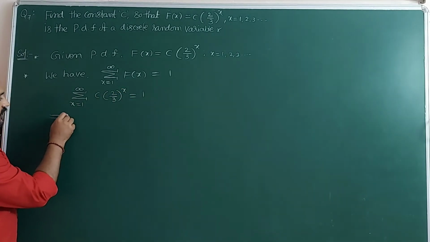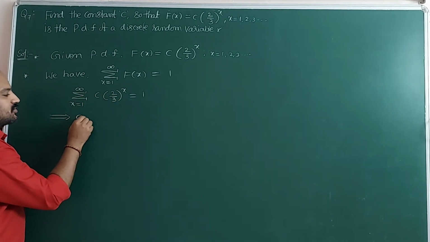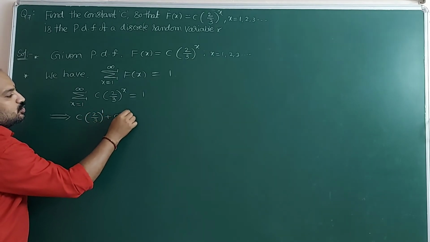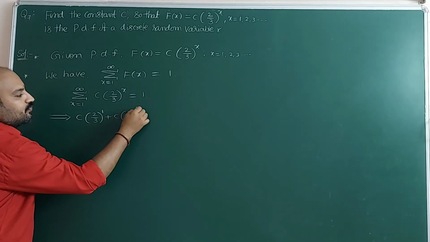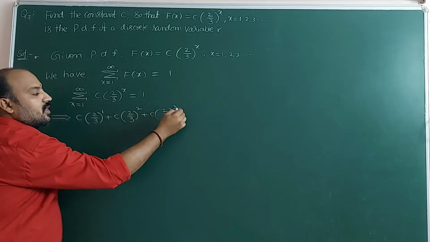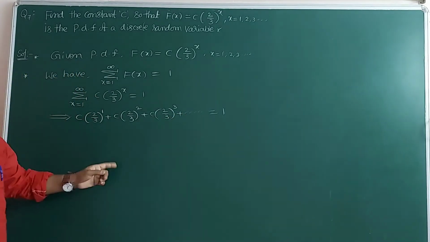So x is equal to 1, x is equal to 2, like this you can substitute. So c into 2 by 3 whole power 1 plus c into 2 by 3 whole power 2 plus c into 2 by 3 whole cube plus and so on is equal to 1.